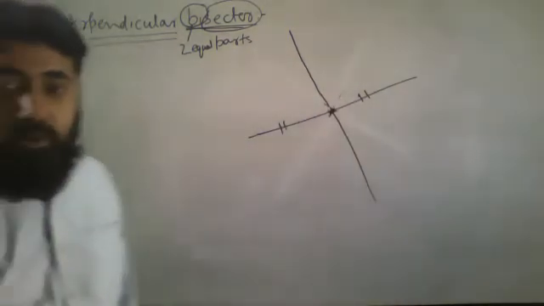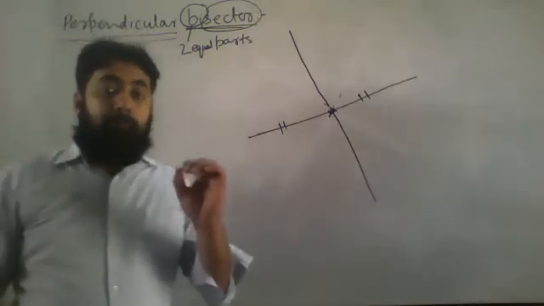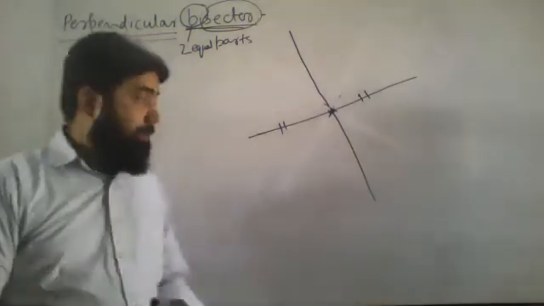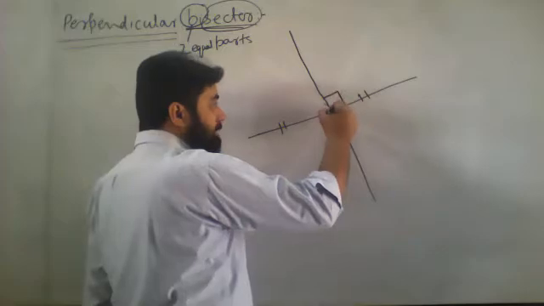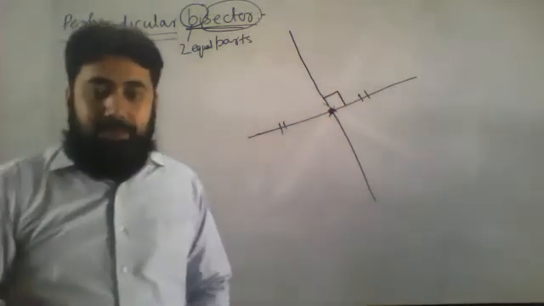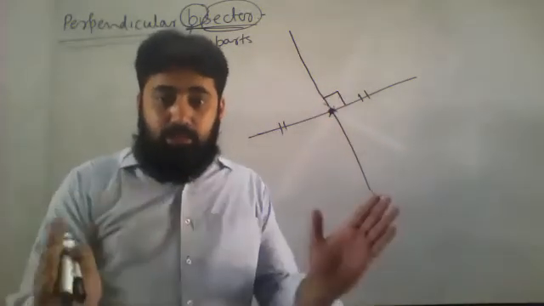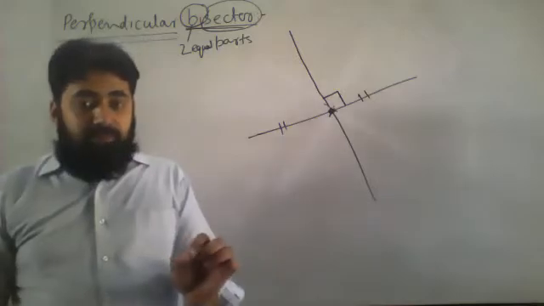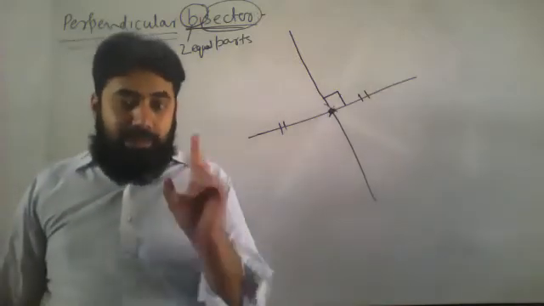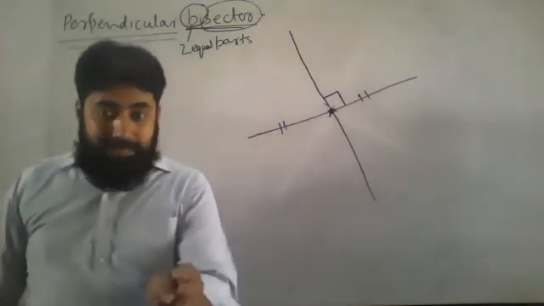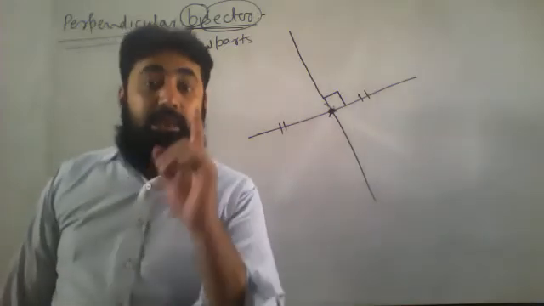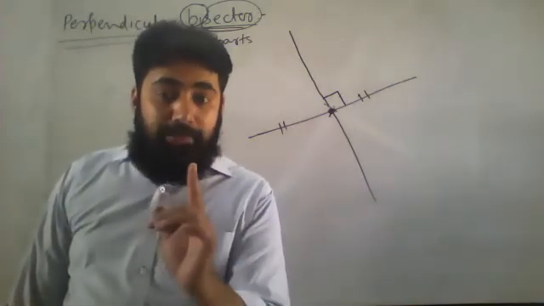So only the perpendicular bisector will be there. And what does bisector mean? Bisector means it is divided into two equal parts. When will anything be divided into two equal parts? When it is intersected at its midpoint.